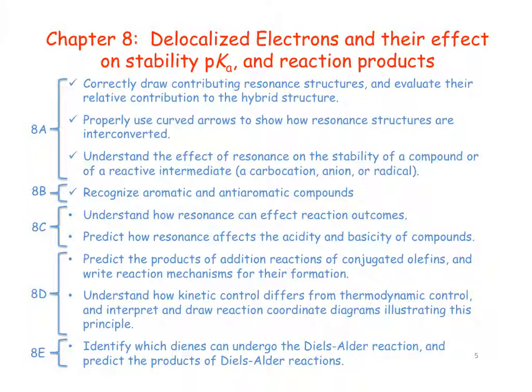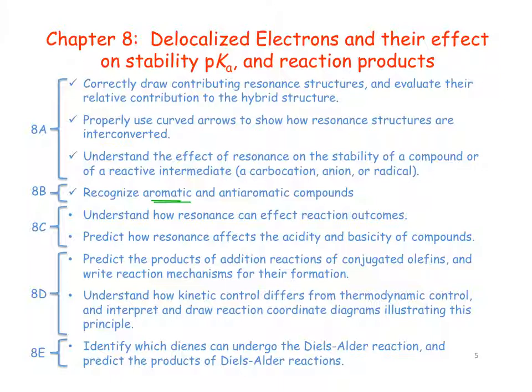And remember that the true structure is a weighted hybrid of all of the resonance contributors, with the more stable ones contributing more. We then went on to learn about a certain type of resonance in the aromatic compounds, benzene-type compounds, and we learned what it takes to be aromatic, and we looked at some other types of aromatic compounds.